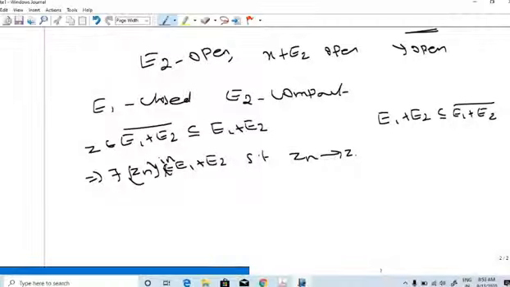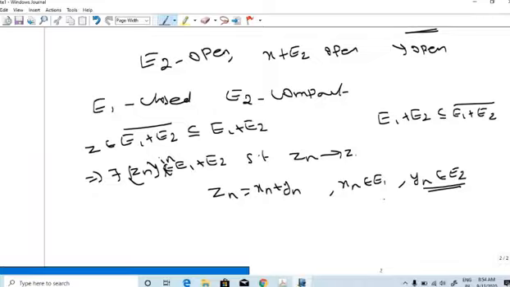Now, zn is a sequence in E1 plus E2. Therefore, zn is of the form xn plus yn, where xn is in E1 and yn is in E2. Since E2 is a compact set, it is sequentially compact. Therefore, given any sequence, we can find a subsequence y_nk in E2 such that y_nk converges. Call this limit point y.